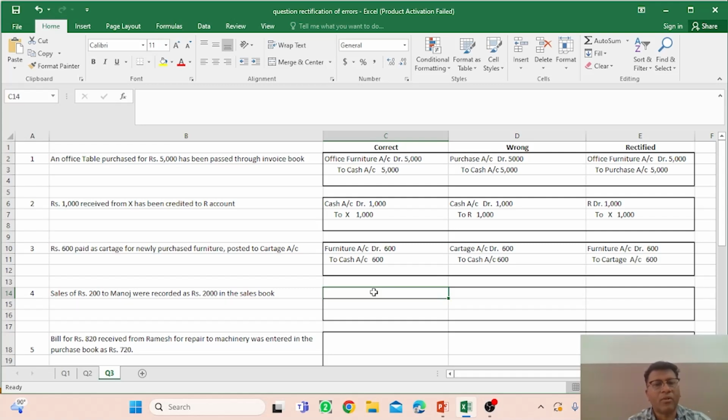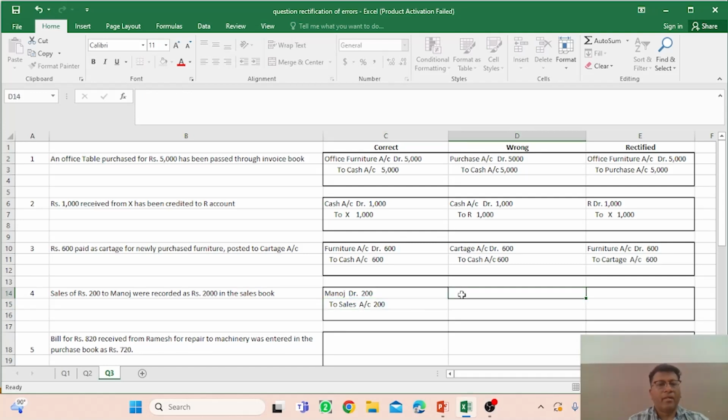So as you are selling the goods to Manoj, what correct entry should be made over there? Manoj should be debited over there, right? By rupees 200, and to sales account, because the income is given to you and all the incomes are credited, sales account, right?